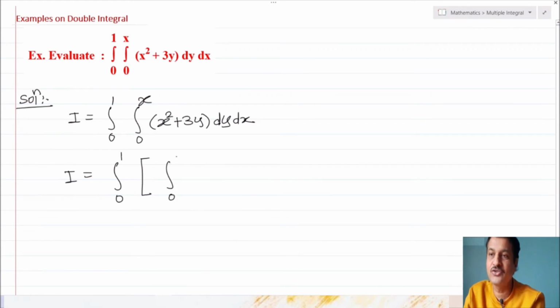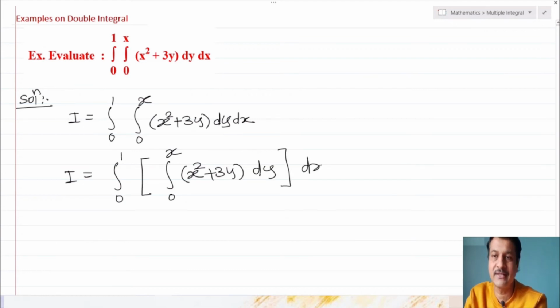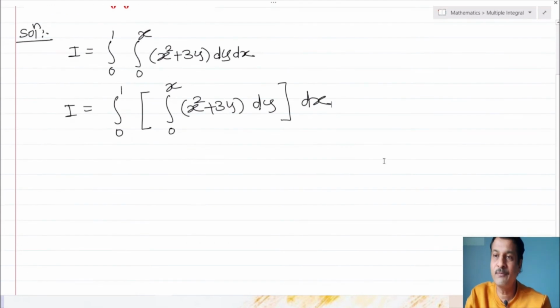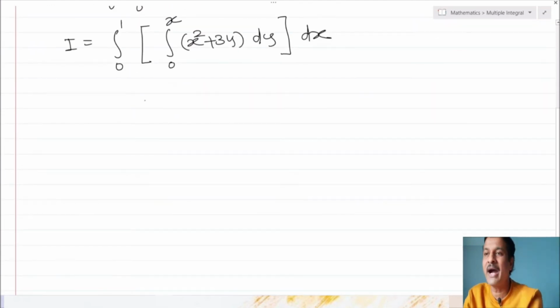Here we cannot separate it, that's why you consider both things. But remember, we have to integrate with respect to y first and then x, whatever the result, then x. In the inner integral, in the bracket only y is active, x is constant, and that is why integration with respect to y.